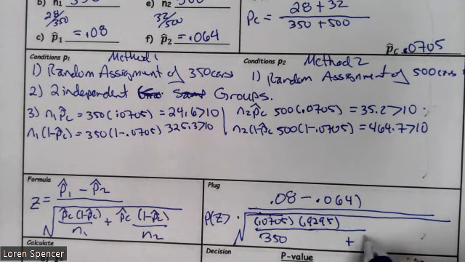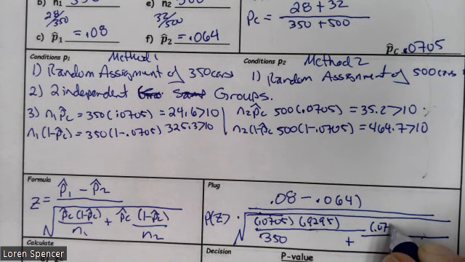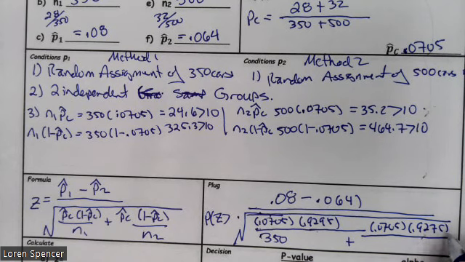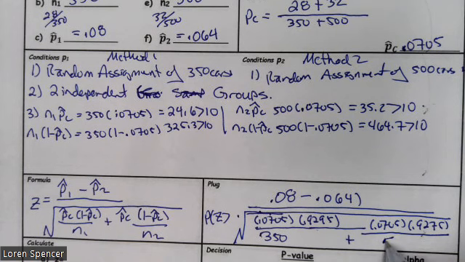So then plus 0.0705 times 0.9295 over my sample size of 500.